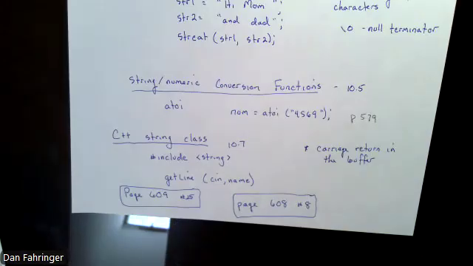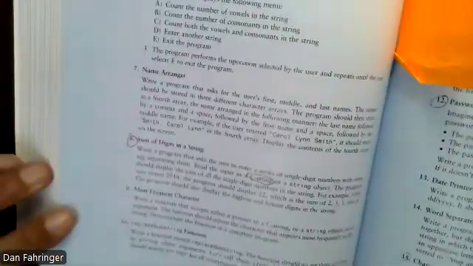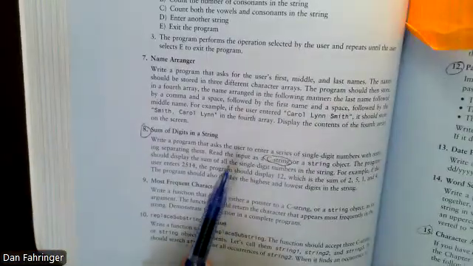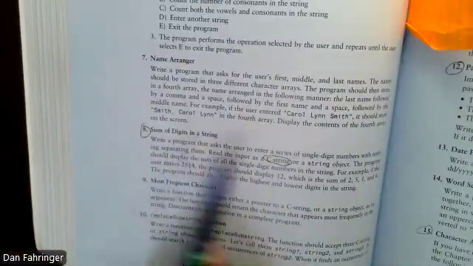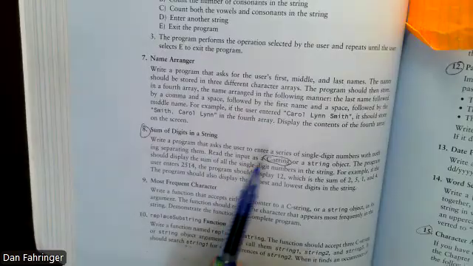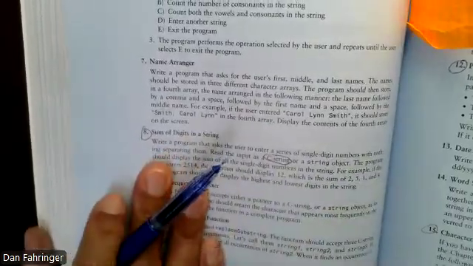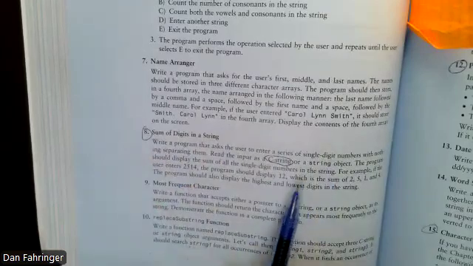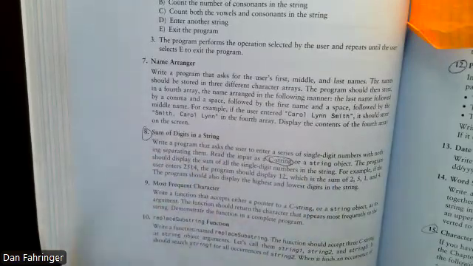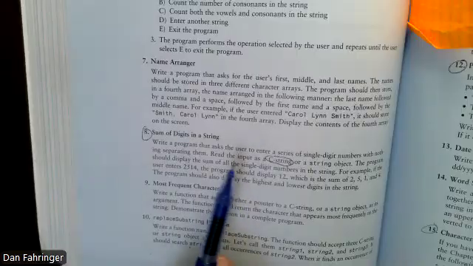All right, so now if it was up to me, here's what we would do. The first program is going to test working with this C string. Write a program that asks you to enter a series of single digit numbers with nothing separating them. Like they would enter 2514 in a row. Read the input as a C string.